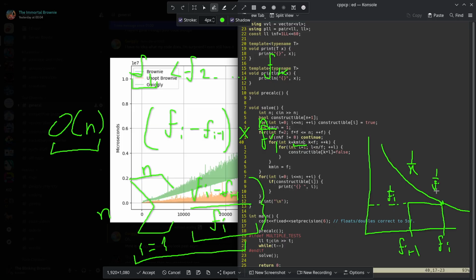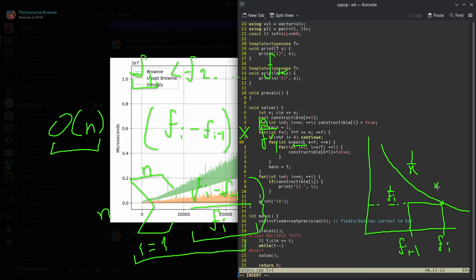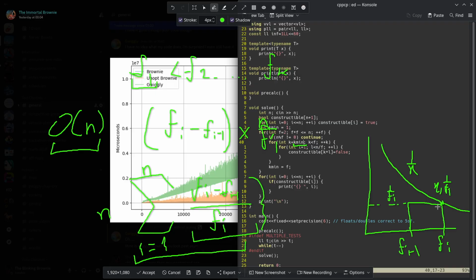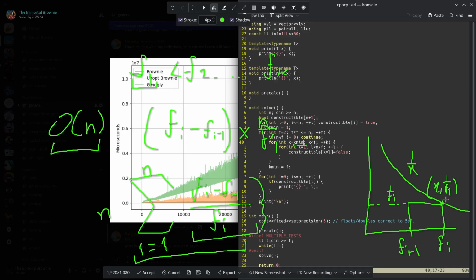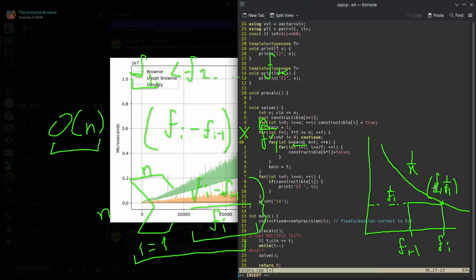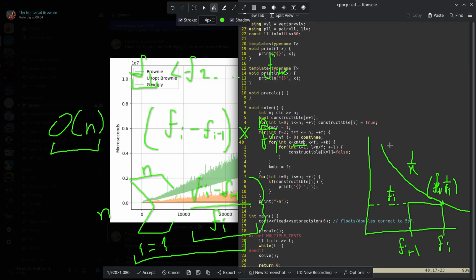Well, x is fi. Oh yeah, so this curve is in fact 1 over x. And this area is greater than the area of the rectangle, right?